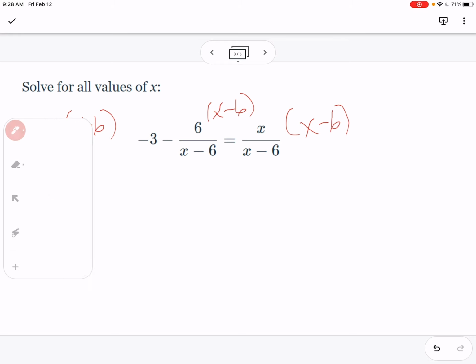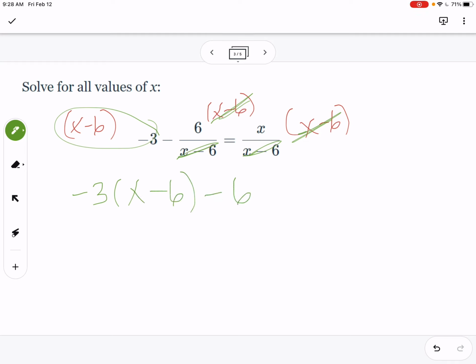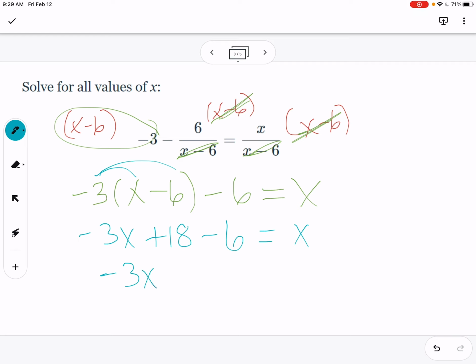So when I do that, notice that this one and this one are going to reduce, this one and this one are going to reduce, and these just need to be multiplied. So what do I have? I have negative 3 times x minus 6 minus 6 equals x. And now this is something very easy that we can solve. So negative 3x plus 18 minus 6 equals x. Negative 3x plus 12 equals x.